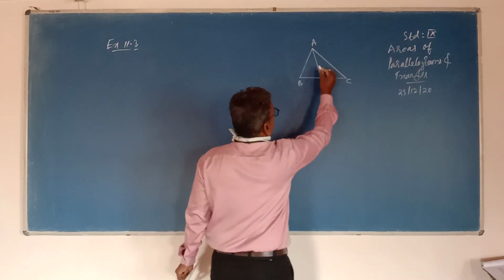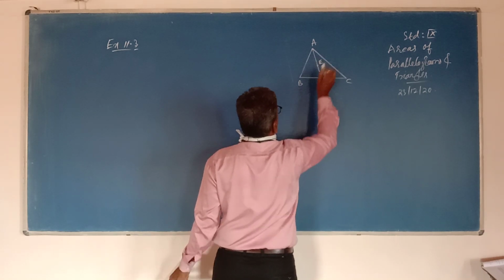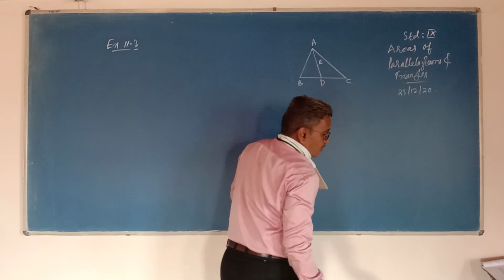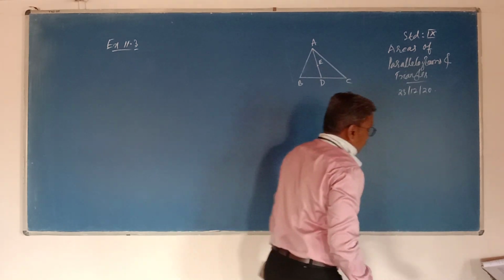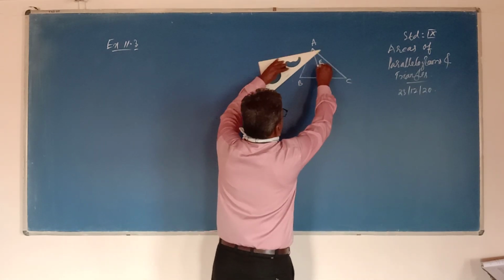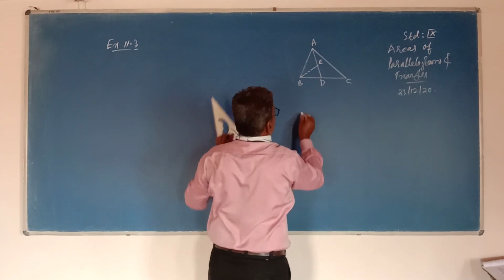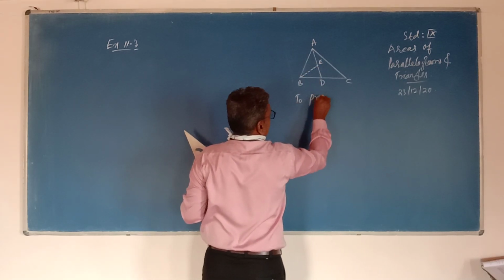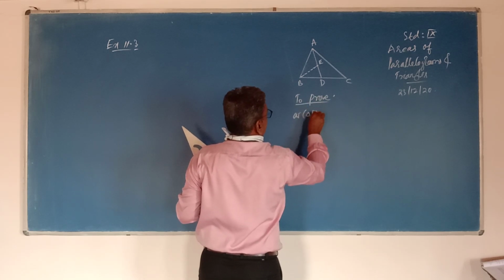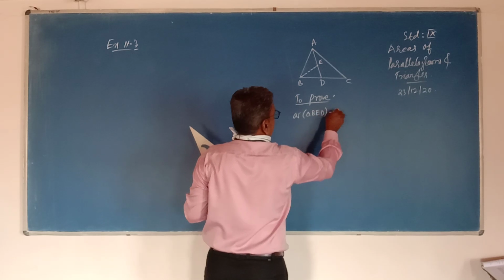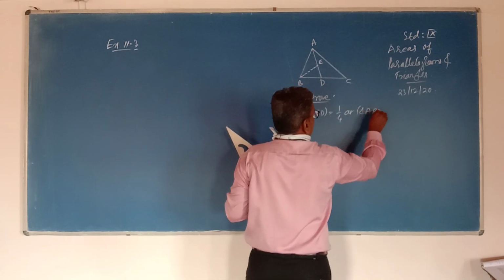Then the area of triangle BED is equal to 1/4 of the area of triangle ABC.